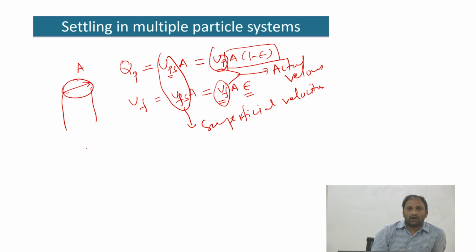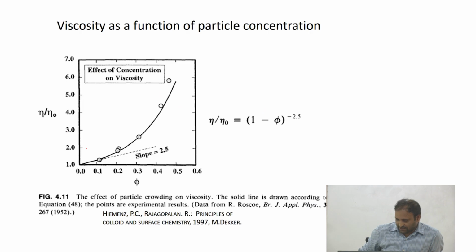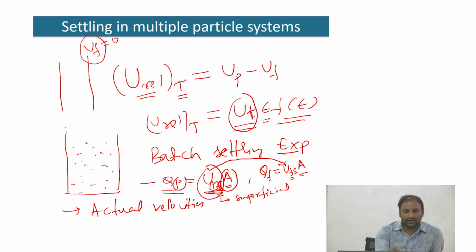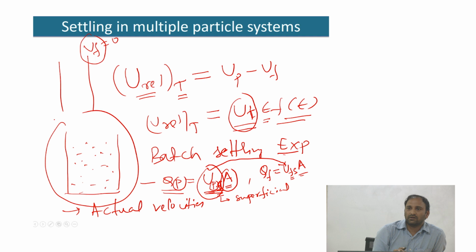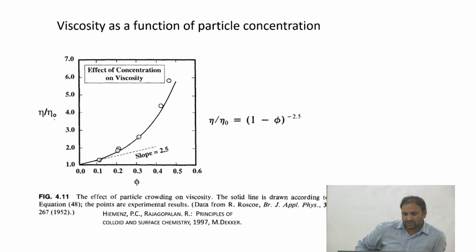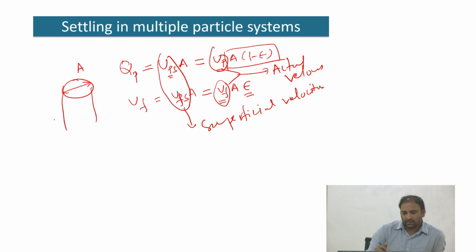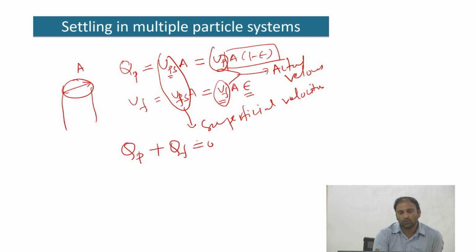Now, when you do a batch settling experiment, the way it is done is you take a container, fill in your particles and the fluid, and just watch as the settling occurs. In such a case, because I'm not adding any fluid or particle into the system externally, I can say that QP plus QF should be equal to 0, because there is no net flow.